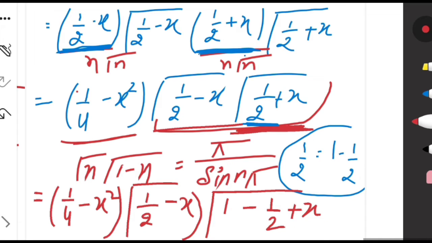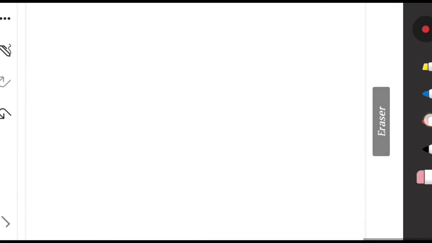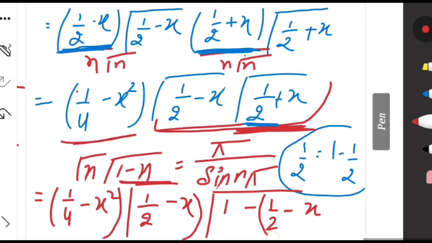But we want to make a formula of gamma 1 minus n, so I'm taking minus common and putting a bracket.